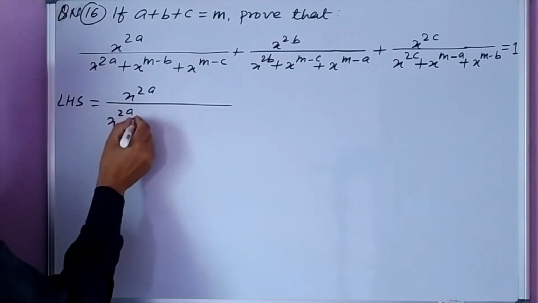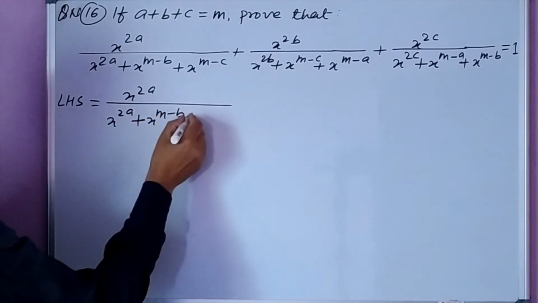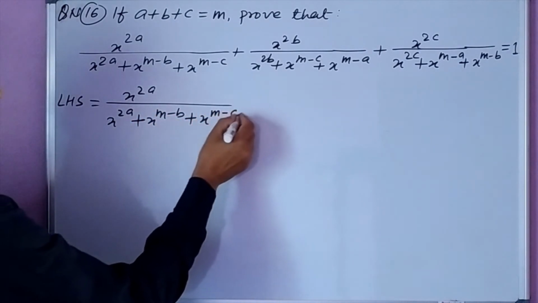F to the power 2a upon f to the power 2a plus f to the power m minus b plus f to the power m minus c.